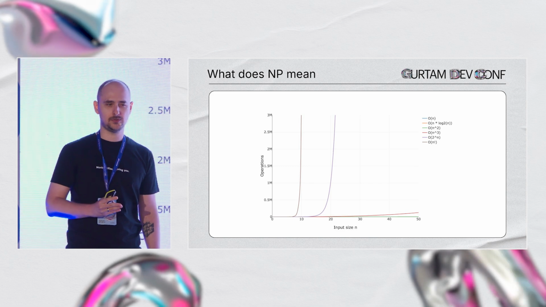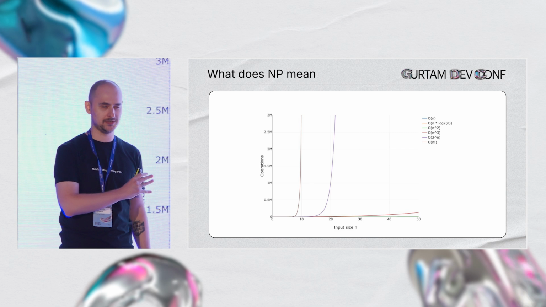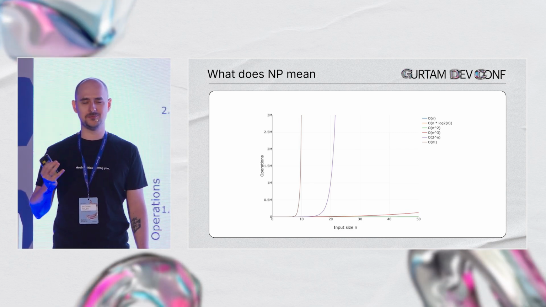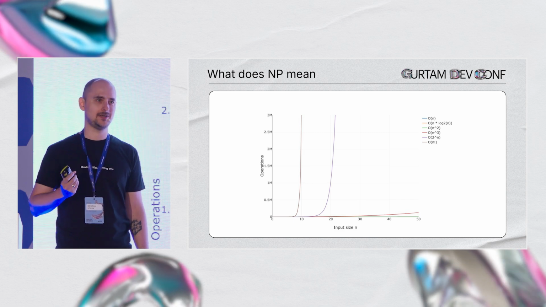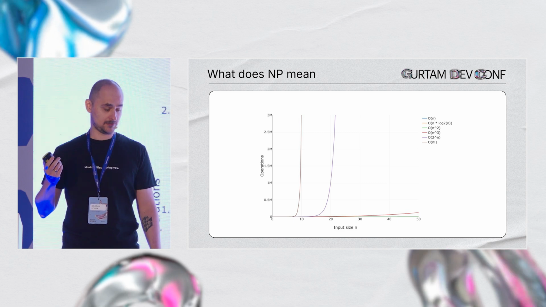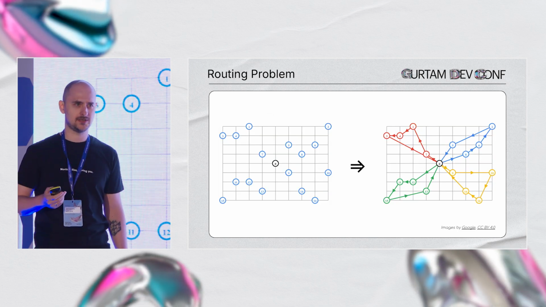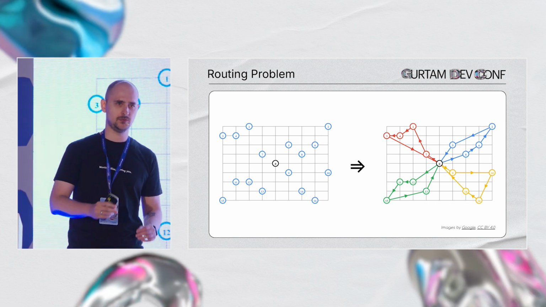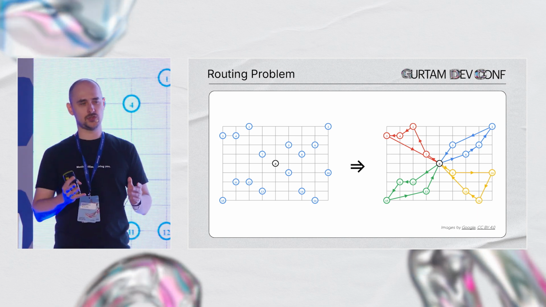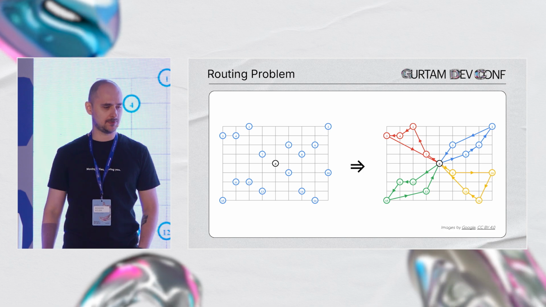And in the perfect world, you will never need to write algorithms that have such complexities. But we don't live in a perfect world, and there are a lot of business problems that require us to make algorithms with such complexities. For example, the routing problems, starting with the famous traveling salesman problem, where we need to find a loop that visits every city with the shortest possible path, and more complex variants.